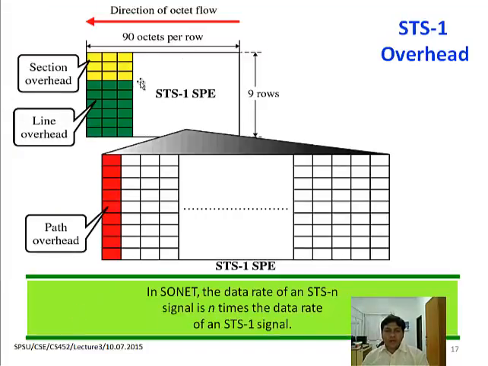In SONET you have section overhead, line overhead, and path overhead. This SONET frame has 90 octets per row and 9 rows, and this creates the SONET SPE, and in that fashion we can calculate SONET data.